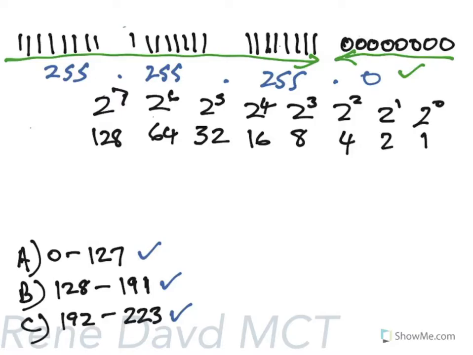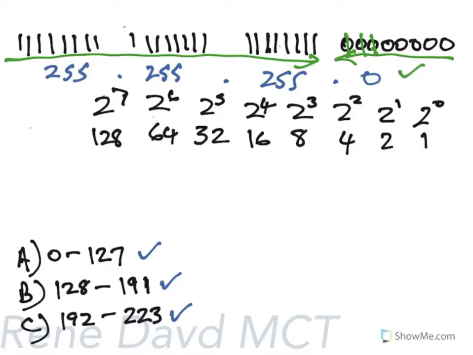When we subnet, what we actually do is start using up our host bits and turn them into network bits. That allows us to increase the number of networks and reduce the number of hosts per network.